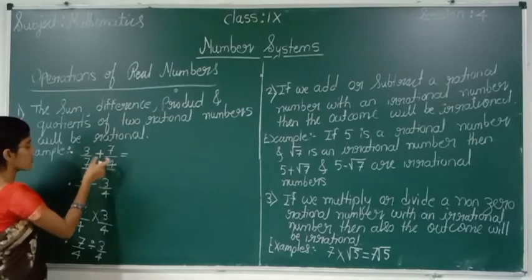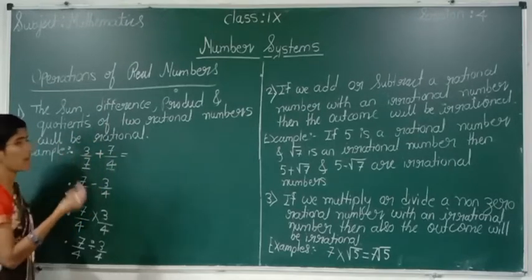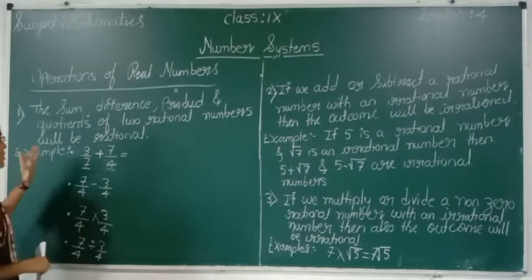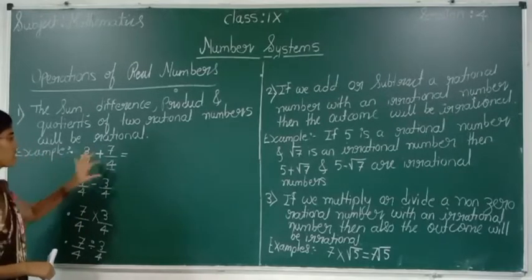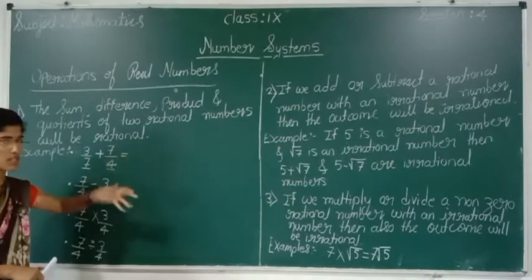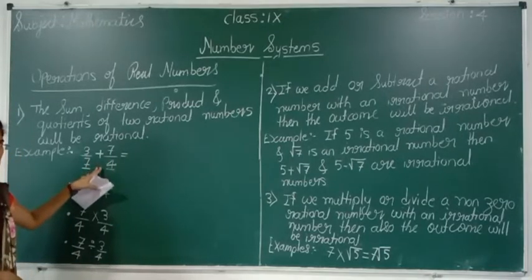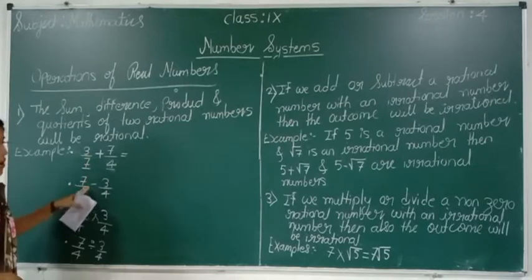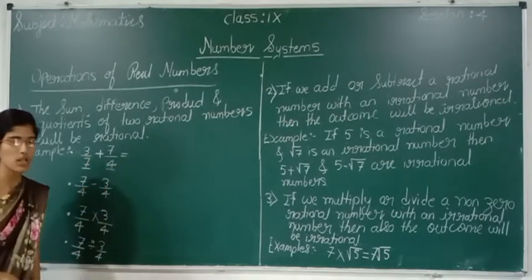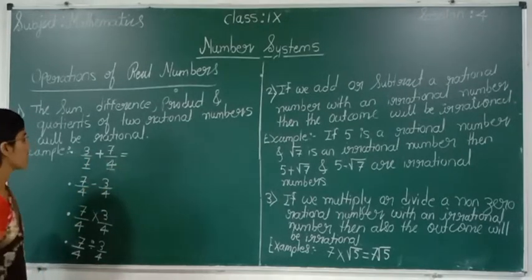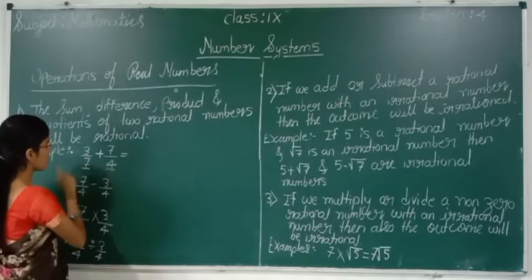If you take two rational numbers and do the sum, what answer we will get, we will see here. If you take two rational numbers and perform addition, subtraction, multiplication or division, the answer will definitely be a rational number only. We will see one by one.